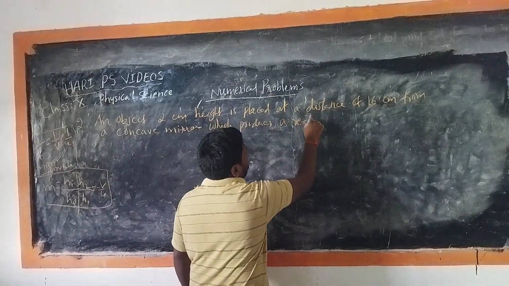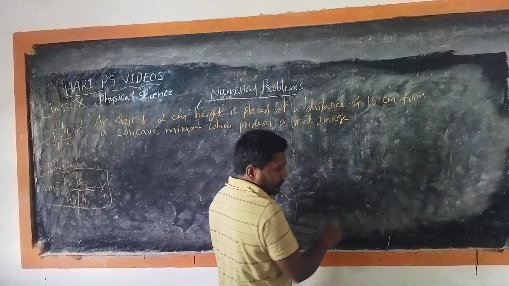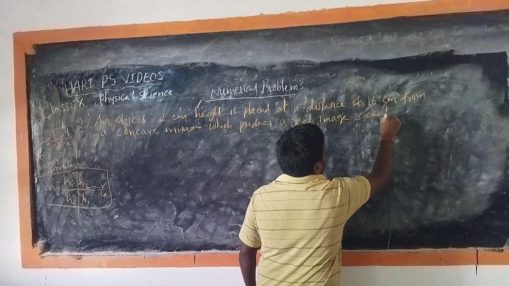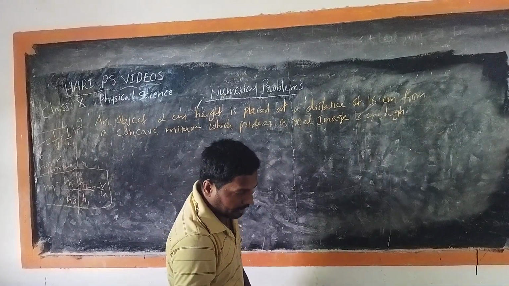It produces a real image 3 centimeter high. Then what you have to find?